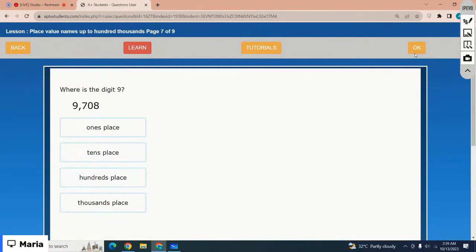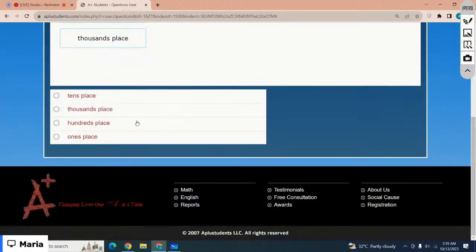Where is the digit 9? Thousands place, right? 9 is at the thousands place.